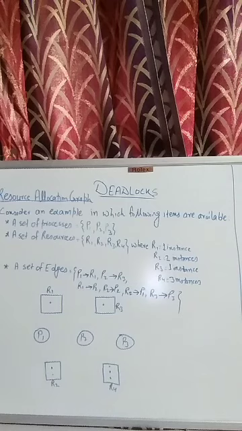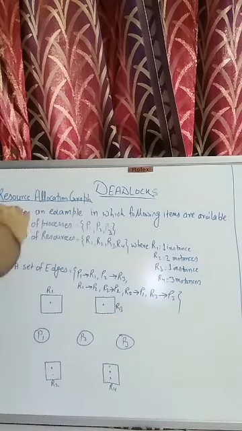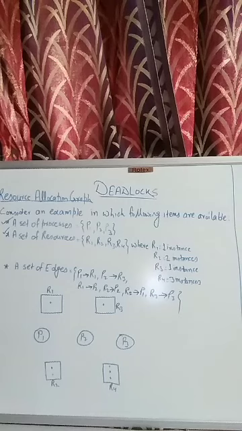So in this example, the following items are available: a set of processes P1, P2, P3, that is 3 processes are active at a time, and a set of resources R1, R2, R3 and R4.